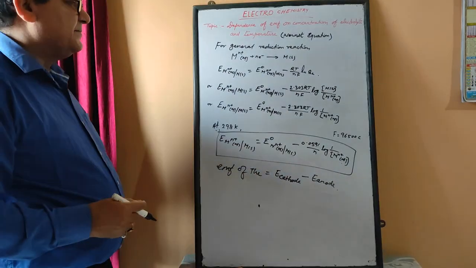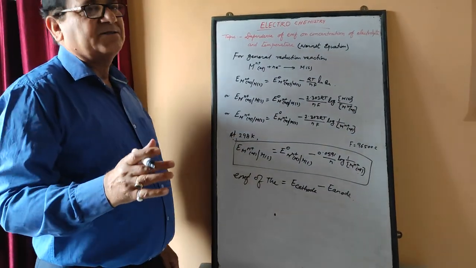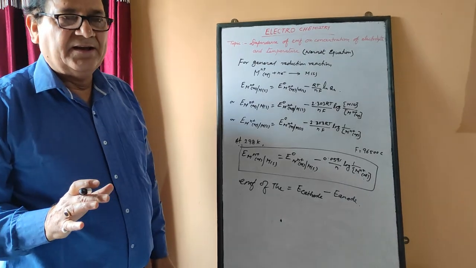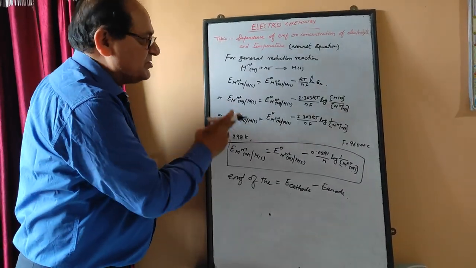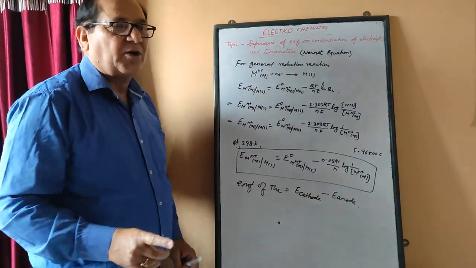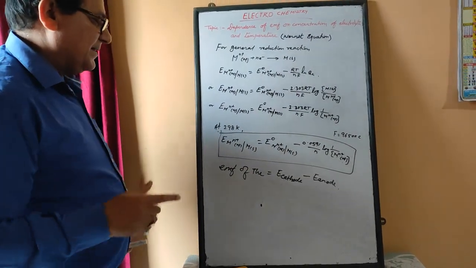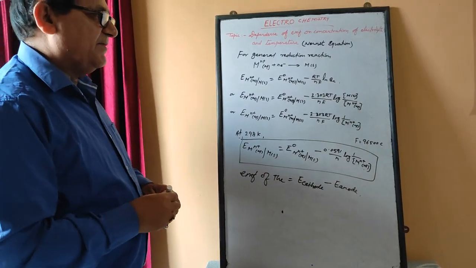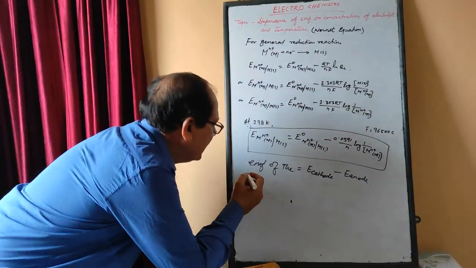We can write the general formula if the overall cell reaction has been given. Mind it, this is the formula for calculation of electrode potential of a single electrode. And if the general cell reaction has been given, then you should use a formula like this.